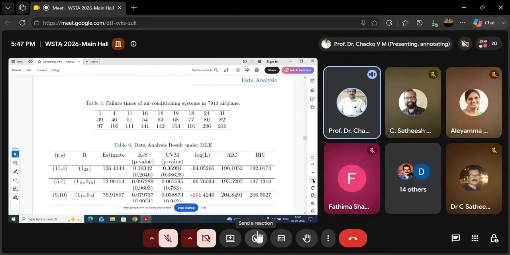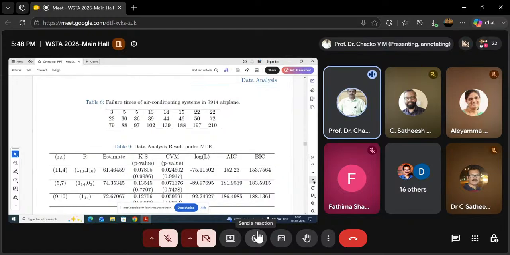This is the data and the estimate values, KS value, CVM value, AIC, BIC, with an explanation of using the Bayesian method. This is another set of data, and again we have computed estimates, KS, CVM, AIC, BIC values with the different schemes. So these are the data.